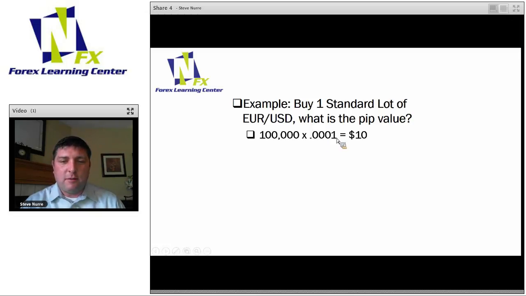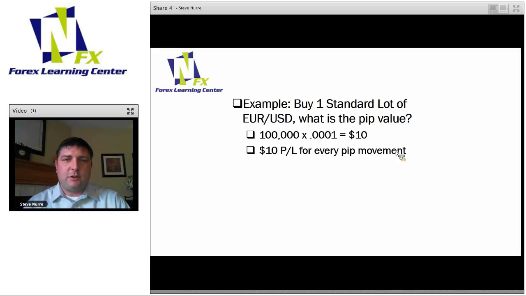That's considered one tick of movement, and that comes to $10. So when we trade a standard lot on euro dollar, we're making or losing $10 per pip.